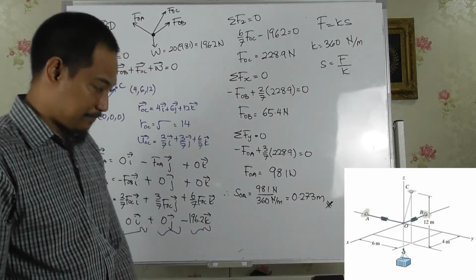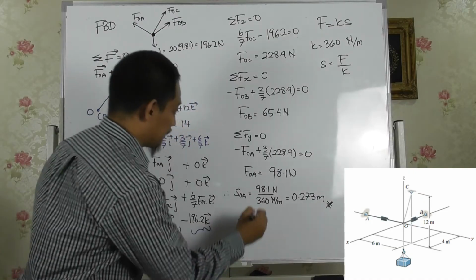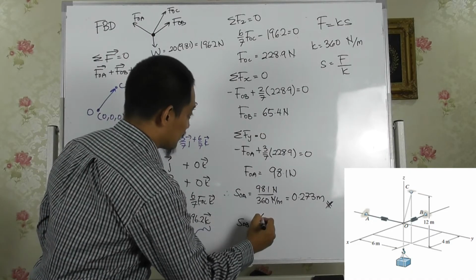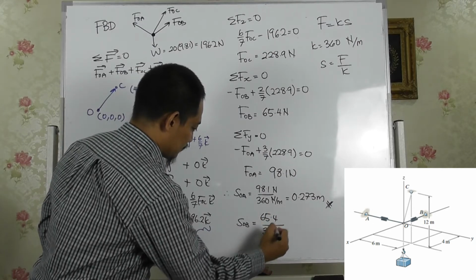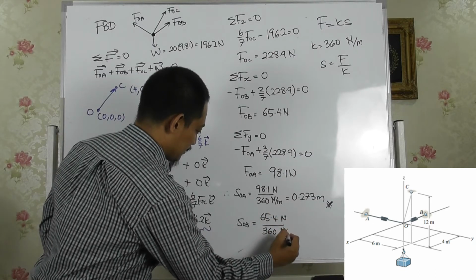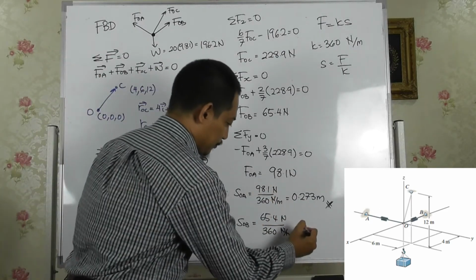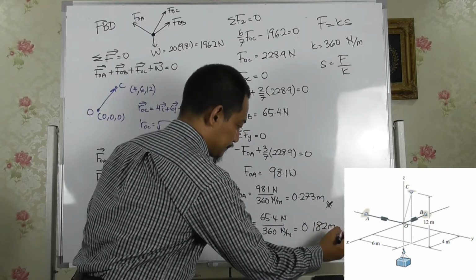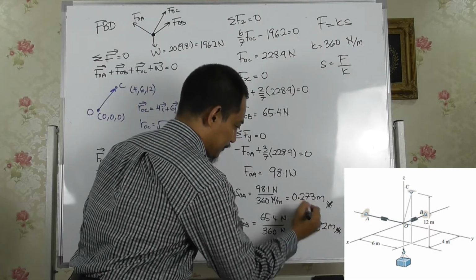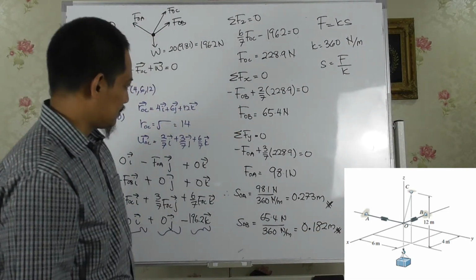The stretch. Now SOB is FOB, which is this one, 65.4 over 360, Newton per meter. You divide, you get something in meter, and then you get 0.182 meter. So hopefully you can see the numbers, because someone from the previous video said the writing is too small.